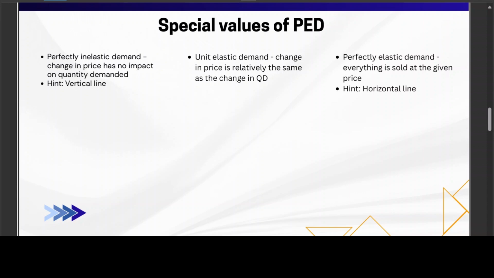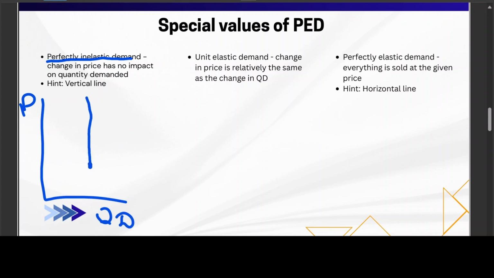So first of all, this is perfectly inelastic demand. What does it look like? If we are given the graph, price and quantity demanded, it looks like this. A perfectly vertical line. So it means even if price changes in any direction, quantity demanded does not change. And you have unit elastic demand.